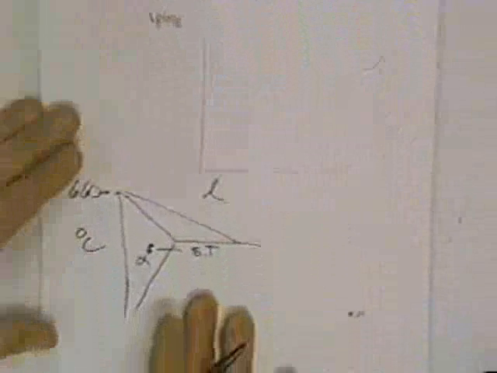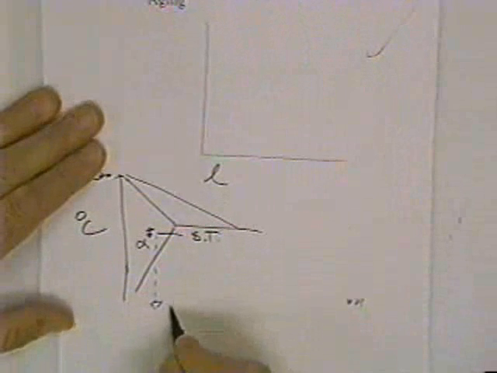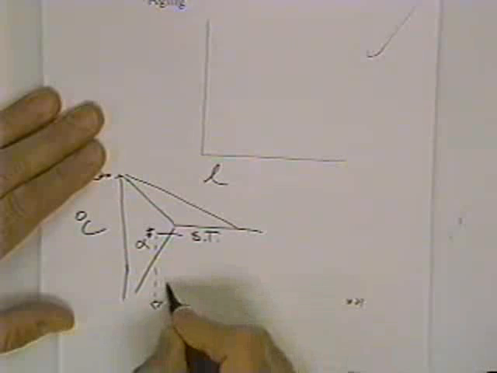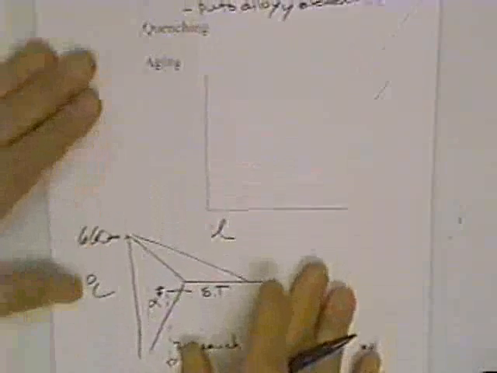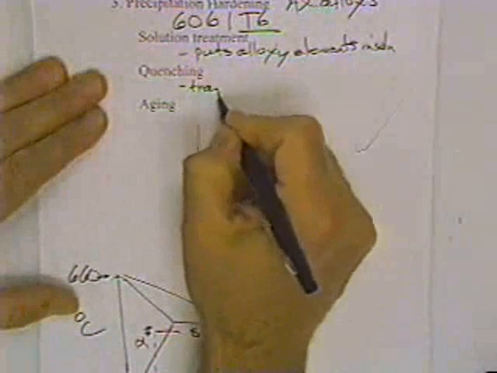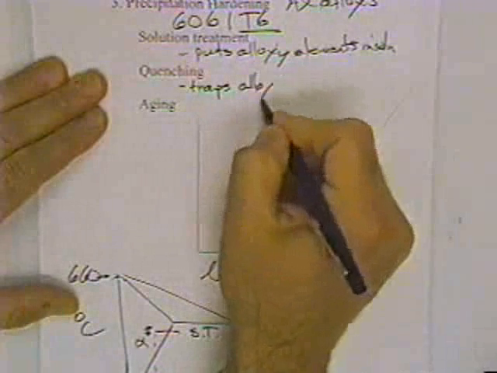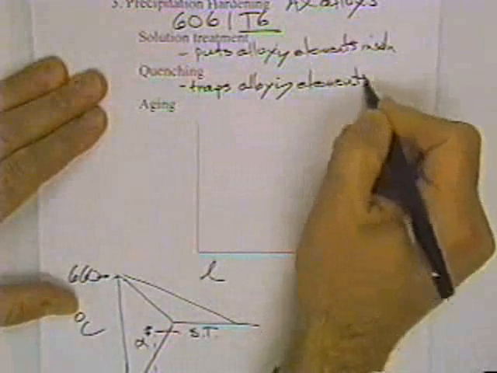Now this is a real interesting step, and because the results are quite different than what happens with martensite in steel. We quench. This traps alloying elements. And there's no eutectoid transformation.